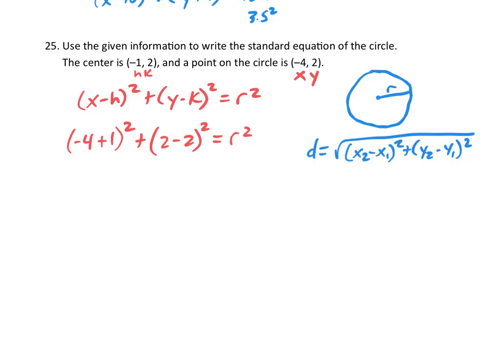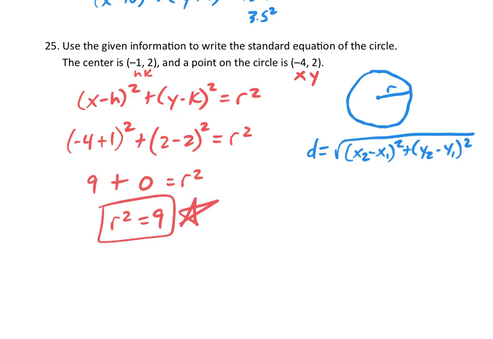Negative 4 plus 1 would be negative 3. Negative 3 squared is 9. 2 minus 2 is 0. 0 squared is 0. And this is really what we want. You could solve it and say R is 3. But when we put it into the formula, we really want the R squared value. So that's where you've got to be careful.